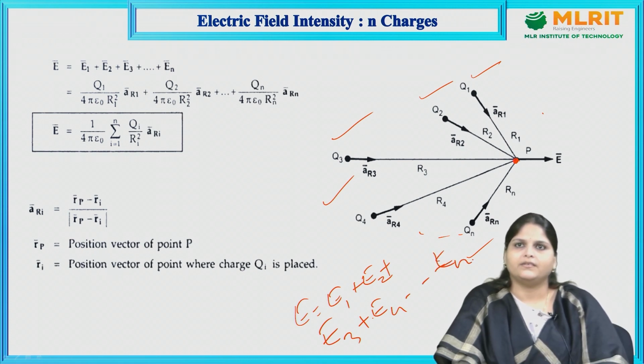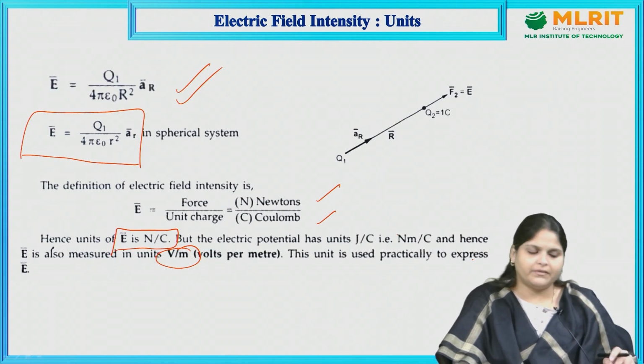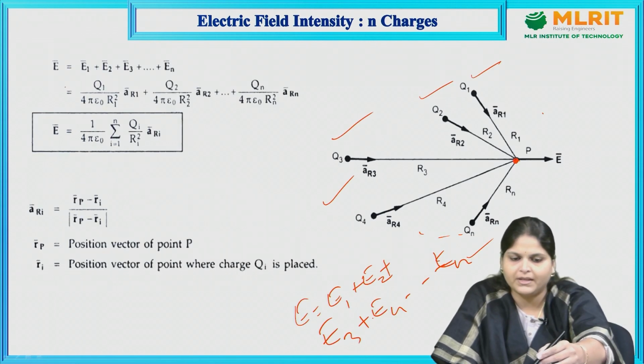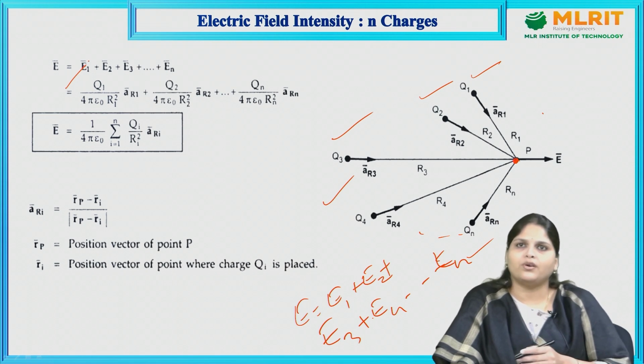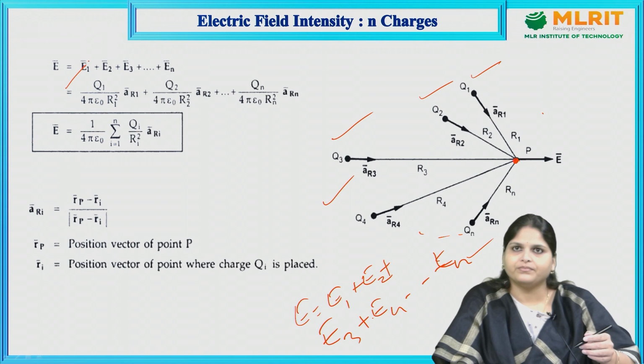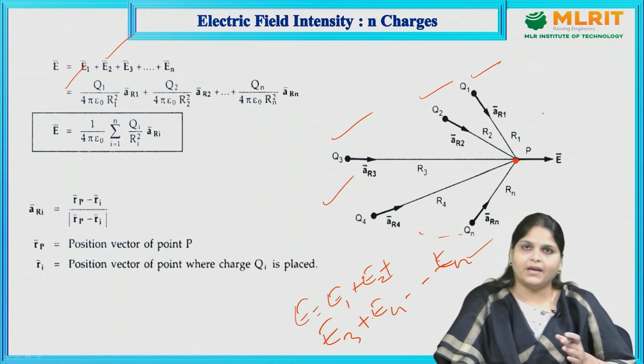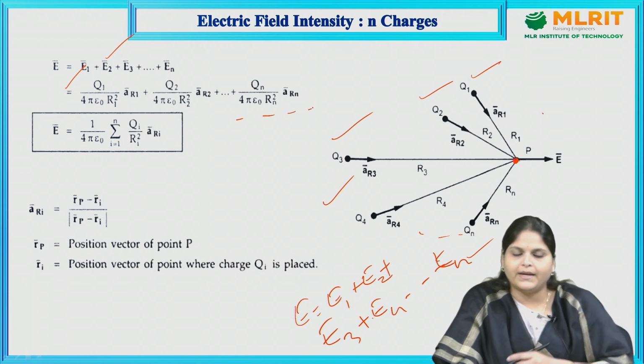E1, as per the formulas we discussed in the previous slide, is q1 upon 4 pi epsilon naught r1 square AR1, plus due to E2 it's q2 upon 4 pi epsilon naught r2 square AR2, and similarly up to n.